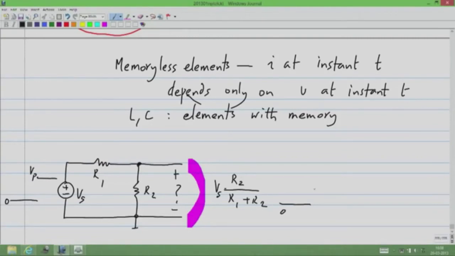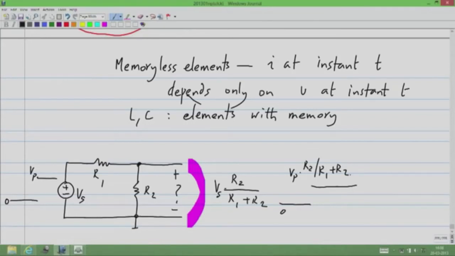The output voltage jumps from 0 to Vp times R2 by R1 plus R2. Okay, so you can see that the variation of the output voltage with time, the horizontal axis here is time, this is time, and here also it is time. The variation of the output voltage with time is exactly the same as the variation of the input voltage with time with a scaling factor.